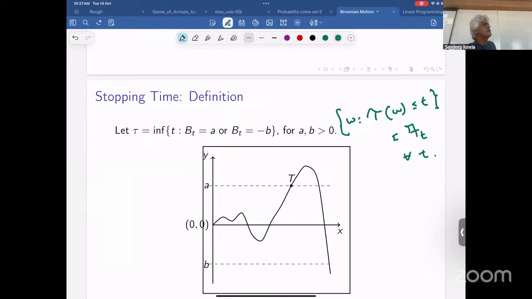This is not an independent statement; it's a consequence of how you define it. That's a definition of a stopping time.